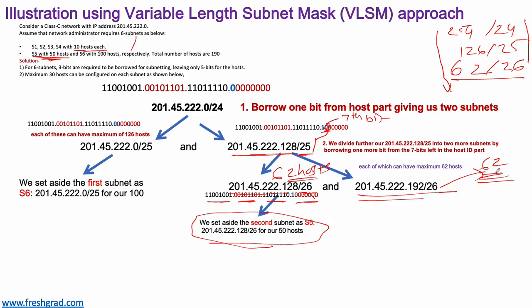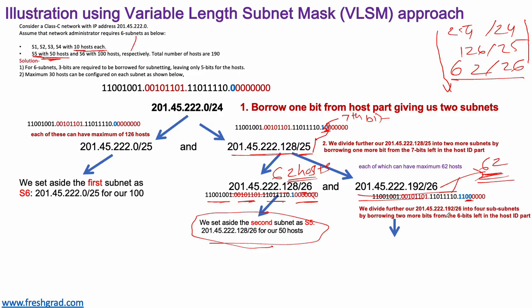So if you divide this one equally into 4, then it will meet our requirement, right? So what you do, we further borrow two more bits. When you borrow two bits, how many subnets can we create? Four.